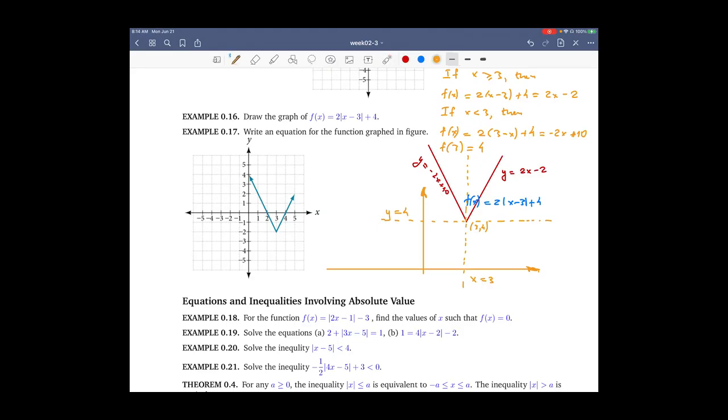Well, we can immediately see that if x is greater or equal than 3, our function f is a straight line.